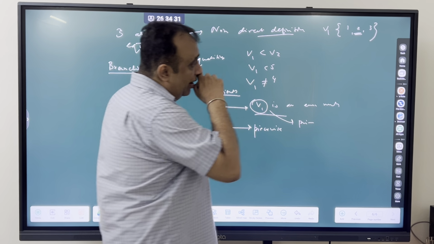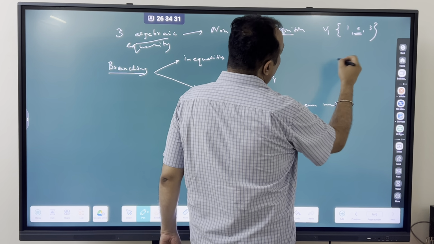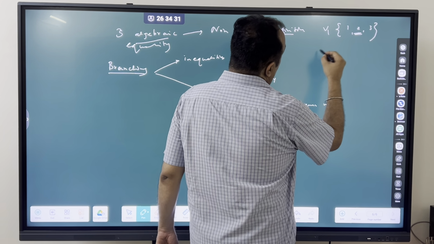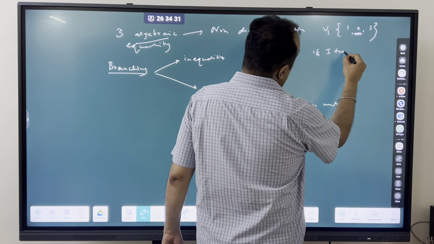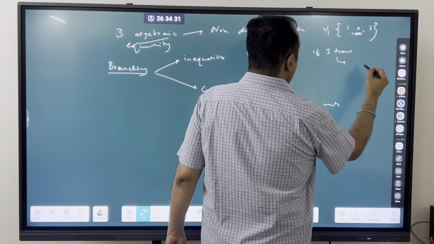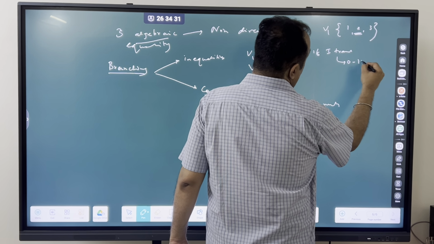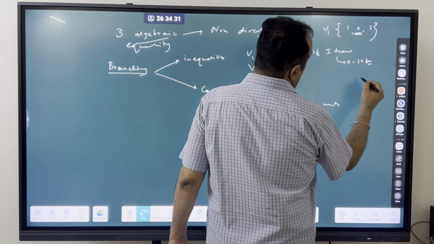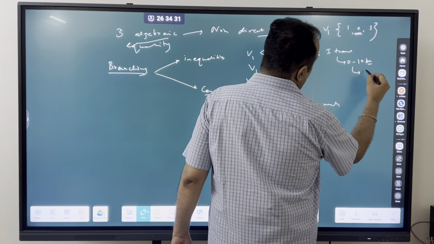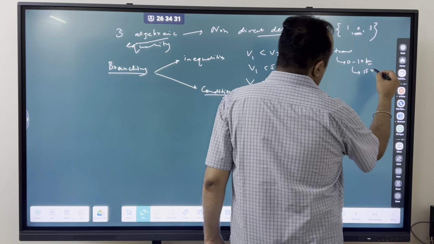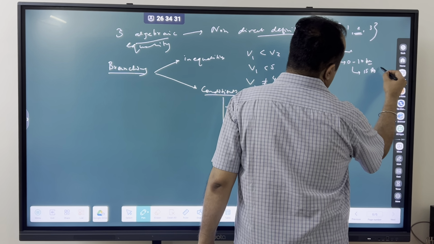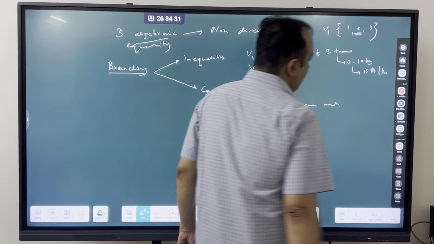Let's say, for example, if I travel 0 to 10 kilometers by an auto, I need to pay 15 rupees per kilometer.